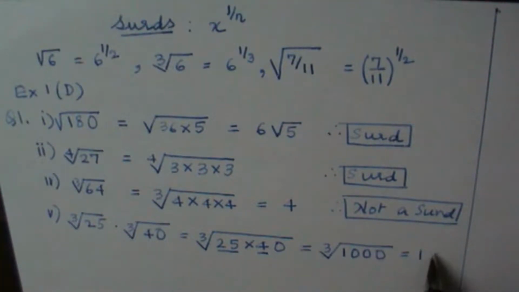So that's going to give me 10, and that is a rational number, so you will say therefore not a surd.